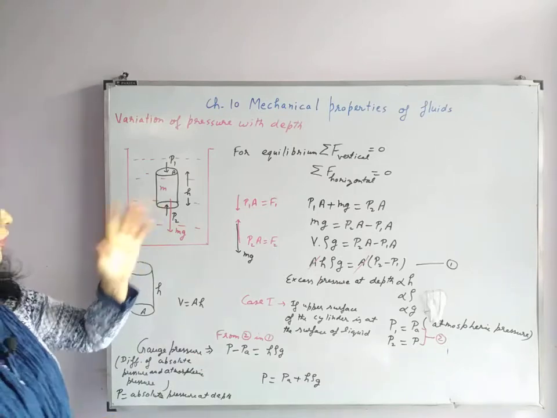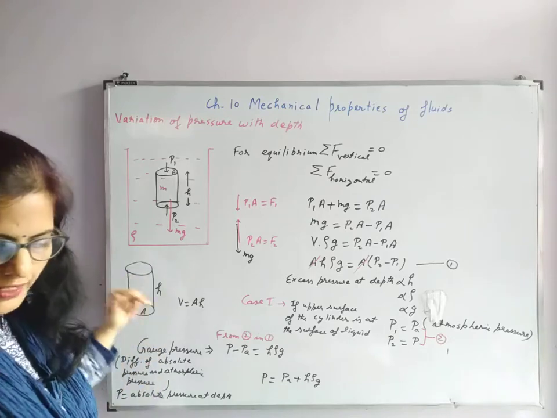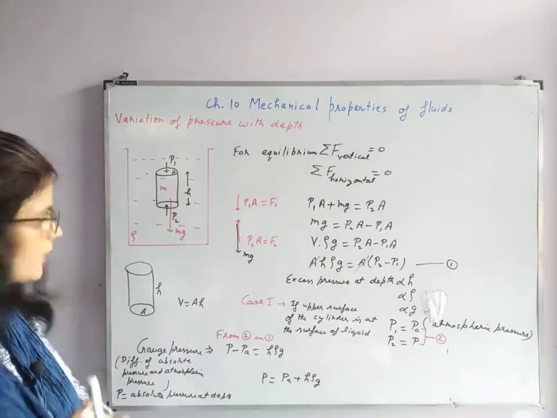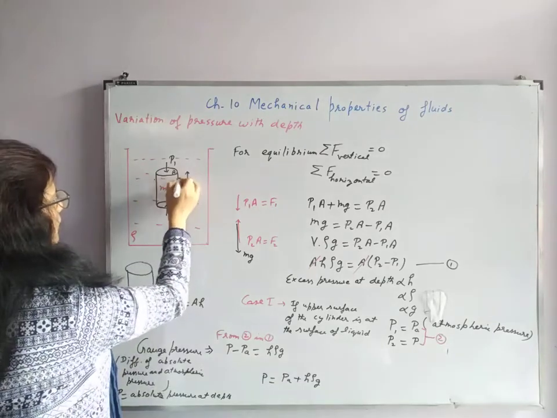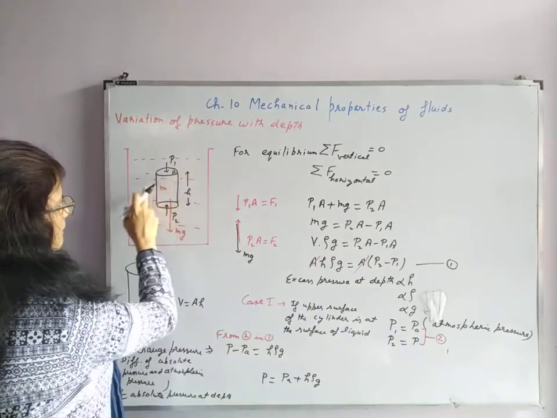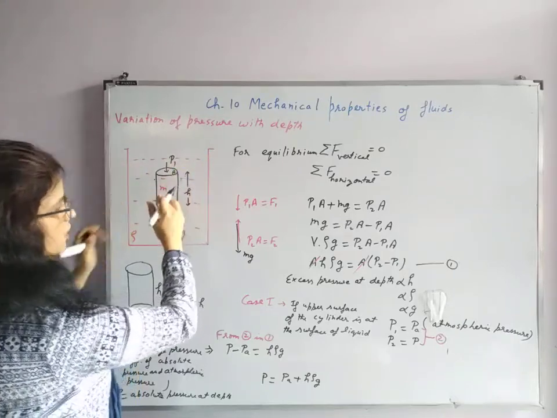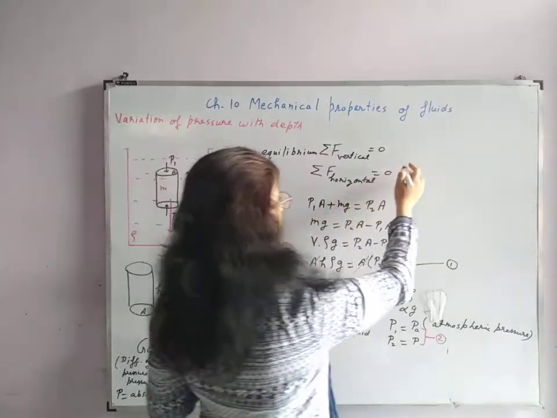And for horizontal, we know that at every point which is correspondingly opposite, these will have same pressure. So the forces due to these pressures will cancel out. So why is this 0?